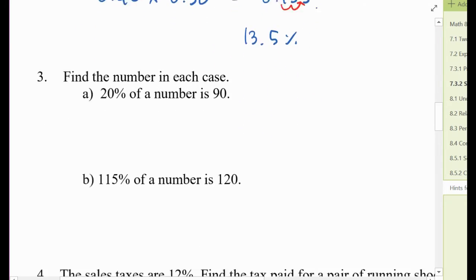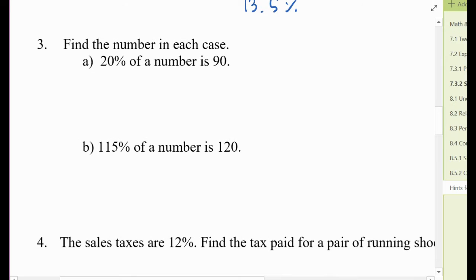Okay, next, find the number in each case. So I have 20% of a number is 90. So we're going to change each word to a mathematical word. Okay, 20%, that is 0.20.